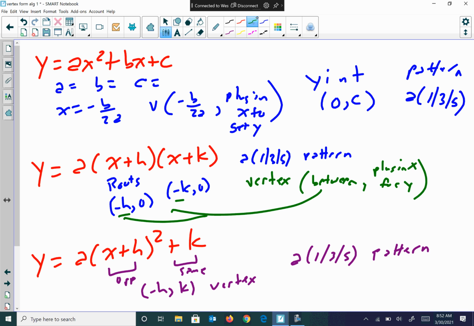And anytime I want to find the y-intercept, plug in 0, and then we get the y value. Okay, yes, the y-intercept can be (0, c). But if it's (0, c), that means I could plug in my 0 for x and get that out. Okay? So, few things for you.